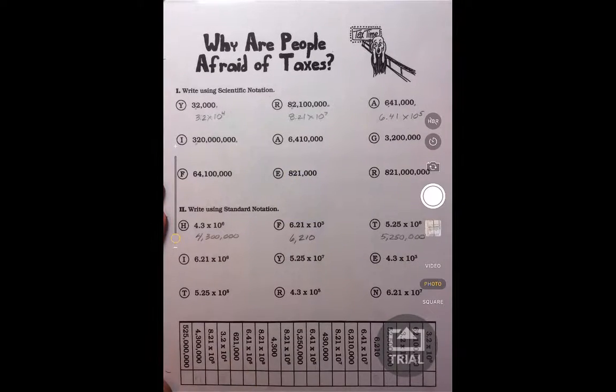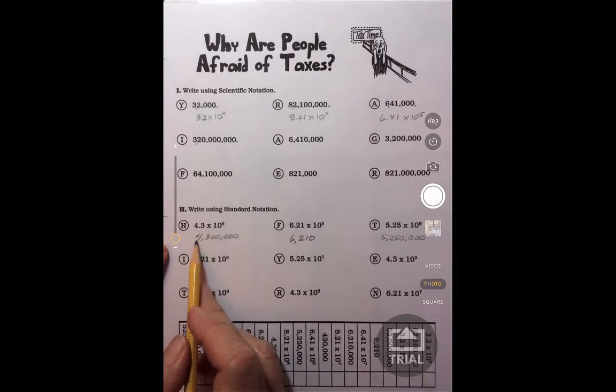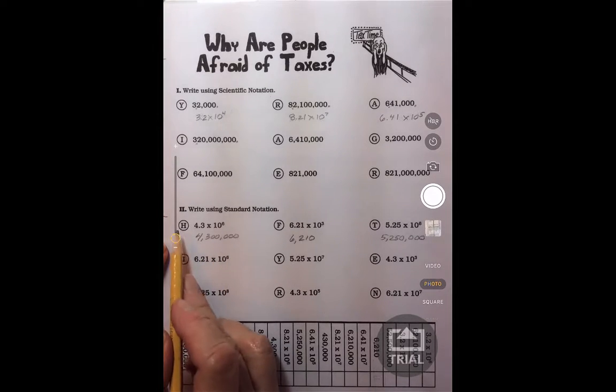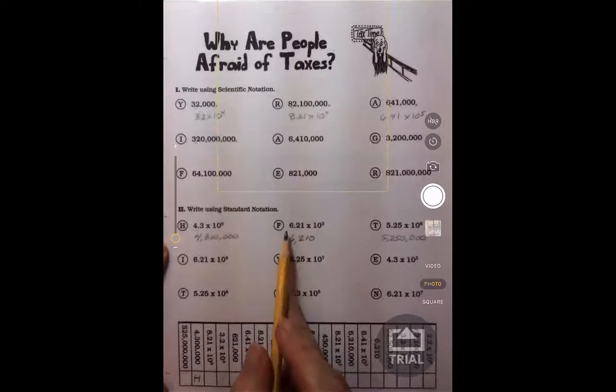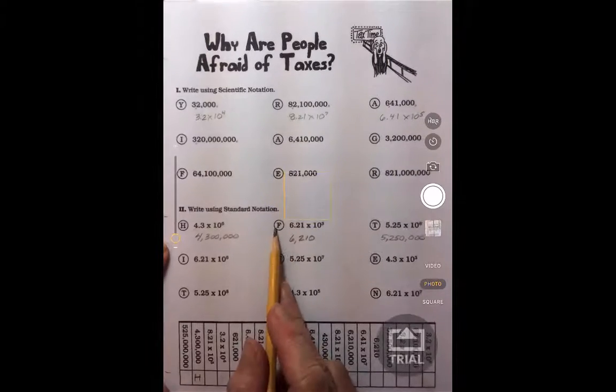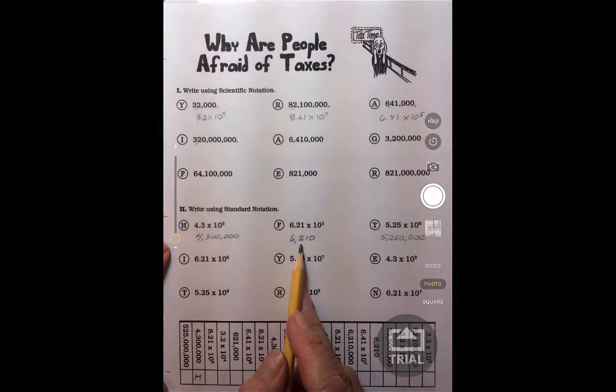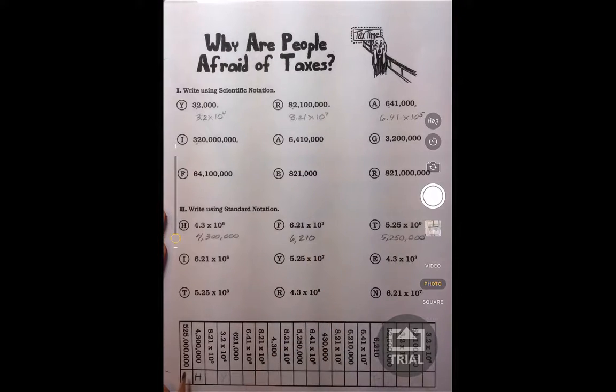And when you have your answers, you take them, and let's see, this is 4,300,000, and that's the H. So we look down here for the 4,300,000, which is right here, and then we put an H in. This one, the answer is, so F is 6,210.